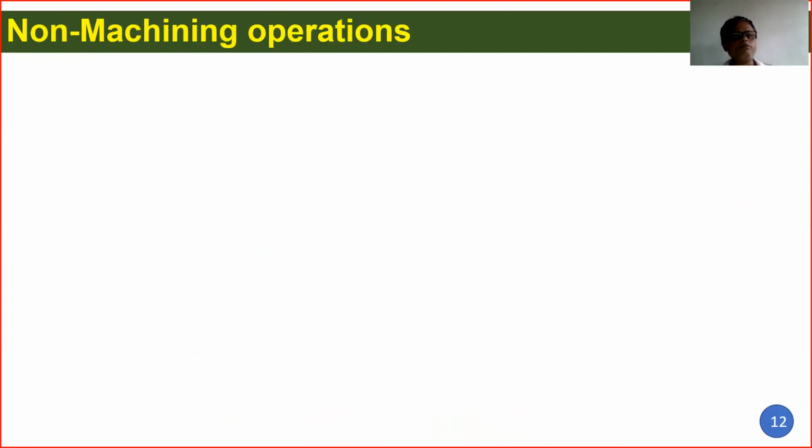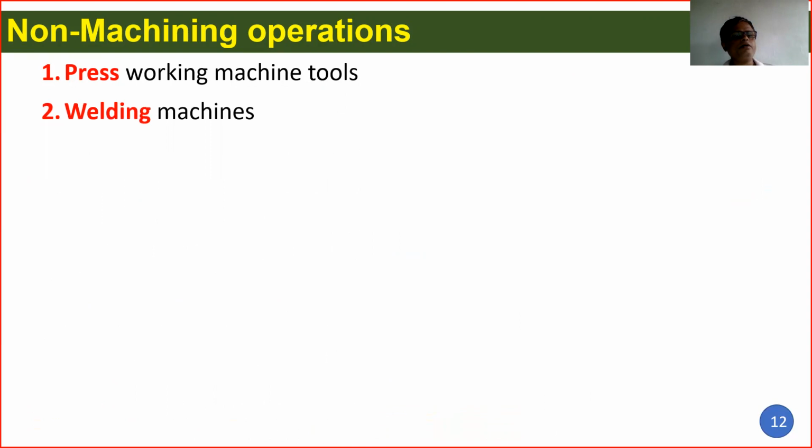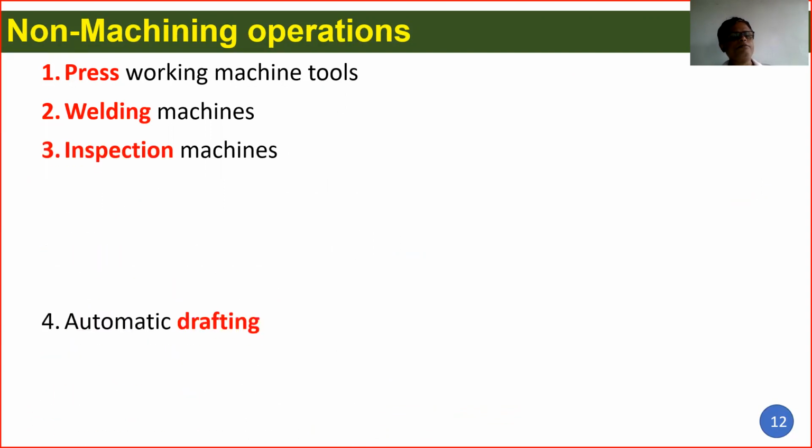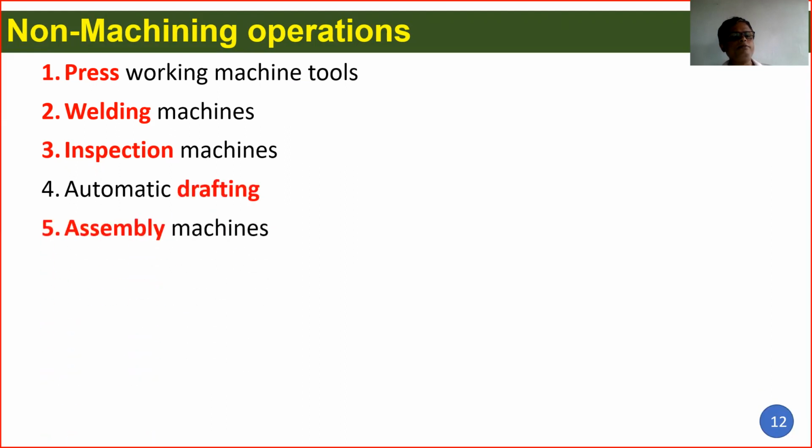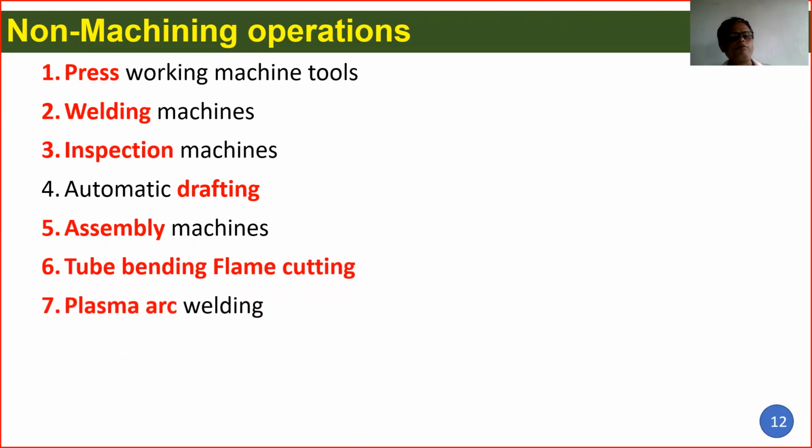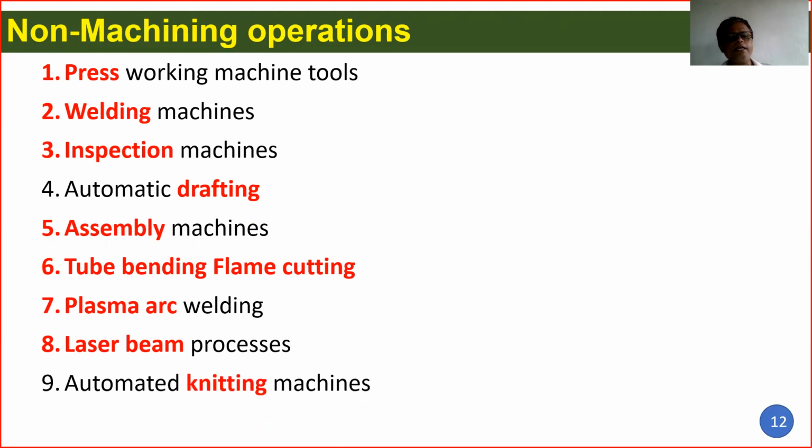Then there are non-machining applications of NC machines. They are press working machine tools, which is non-machining, welding machines, inspection, automatic drafting, assembly machines, tube bending and flame cutting, plasma arc welding, laser beam processes, automated knitting machines.